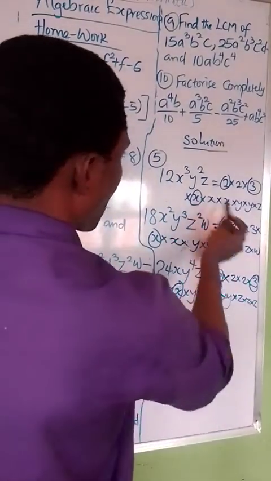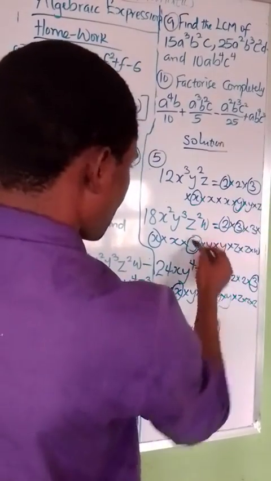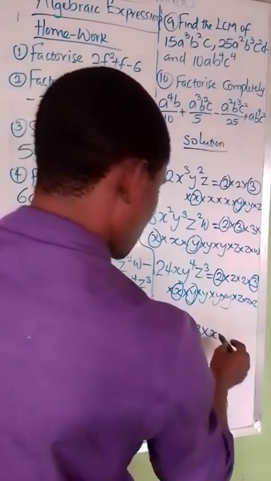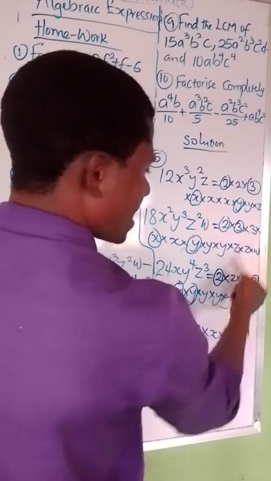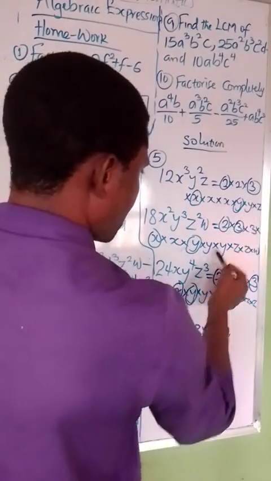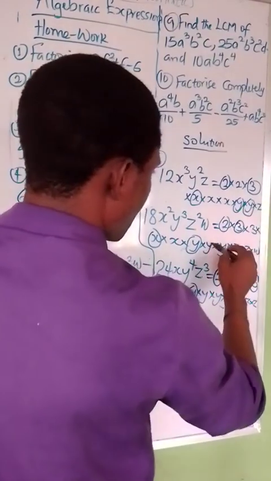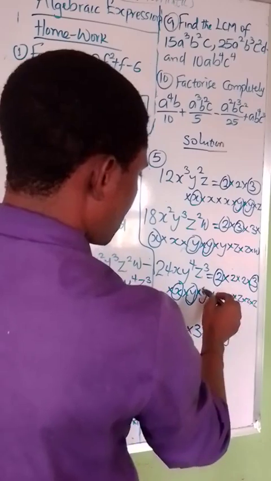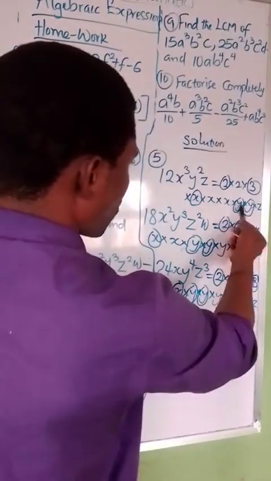So let's look at y. We have y here, here and here, so let's pick y. There's another y in each, so let's pick it again, times y. Is there y again?